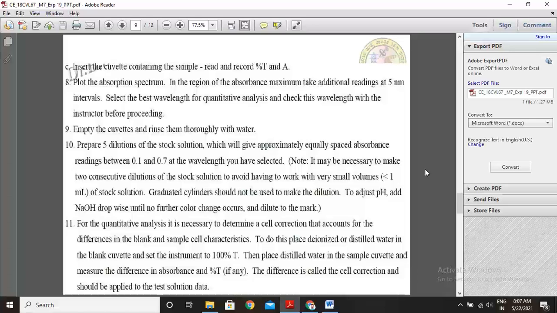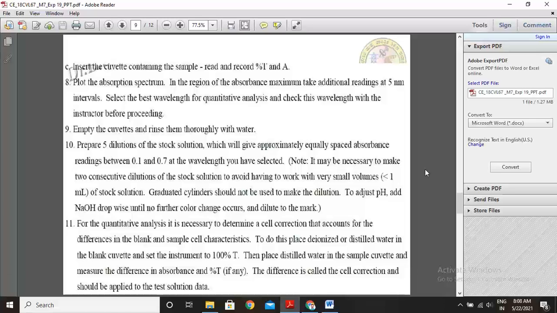To adjust pH, add sodium hydroxide dropwise until no further color change occurs and dilute to the mark. The next step, for the quantitative analysis, it is necessary to determine a cell correction that accounts for the differences in the blank and sample cell characteristics.